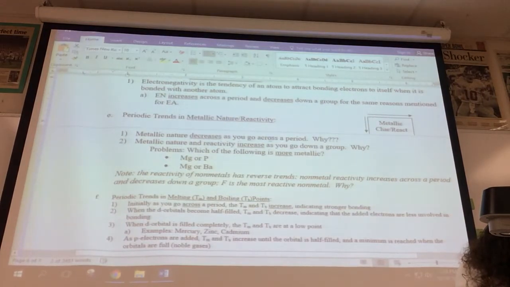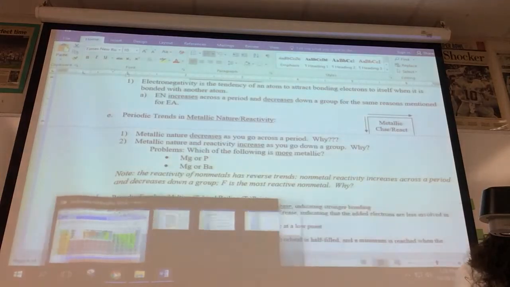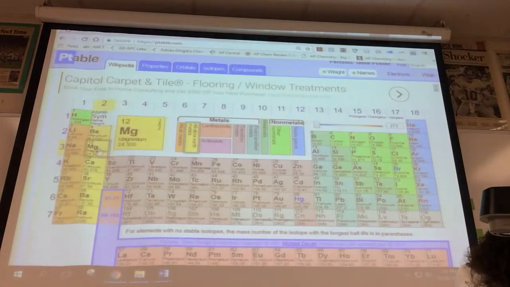Metallic nature decreases as you go across a period. Metallic nature and reactivity increase down a group. Which would be more metallic, magnesium or phosphorus? Say it again. Magnesium or phosphorus, what would be more metallic? Definitely magnesium.